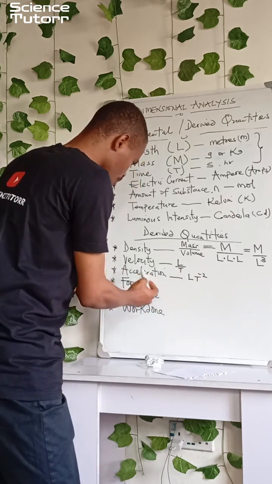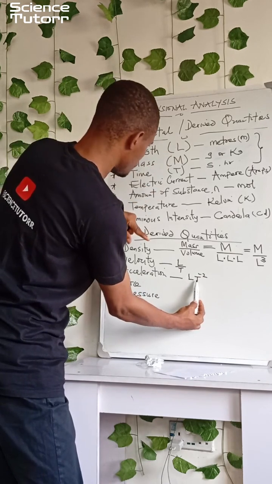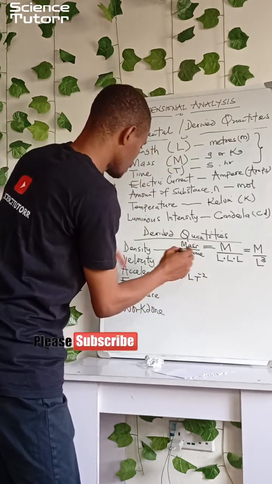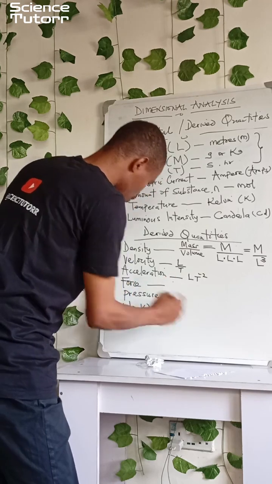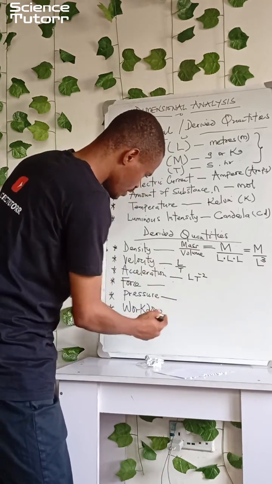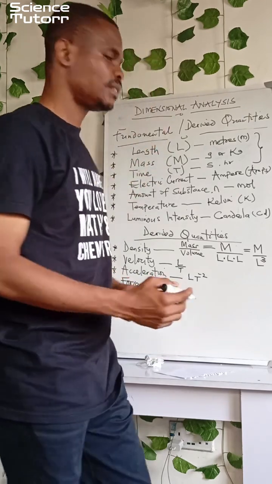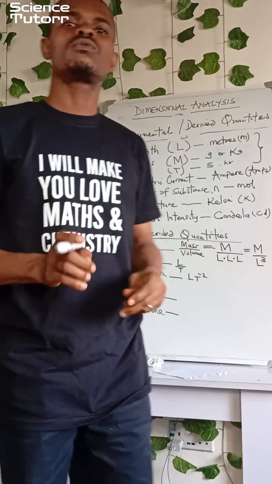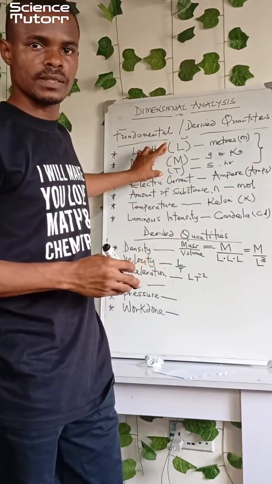You can see that each of these possess the fundamental quantities. For force, mass times acceleration; pressure is force over area; work done is force times distance. Each of these depends on the fundamental quantities to stand, without which they cannot stand.